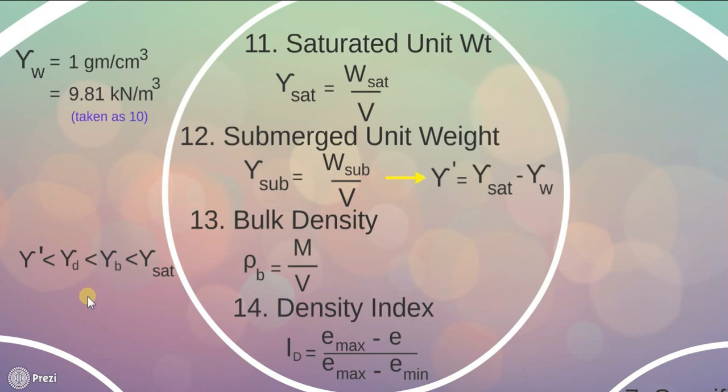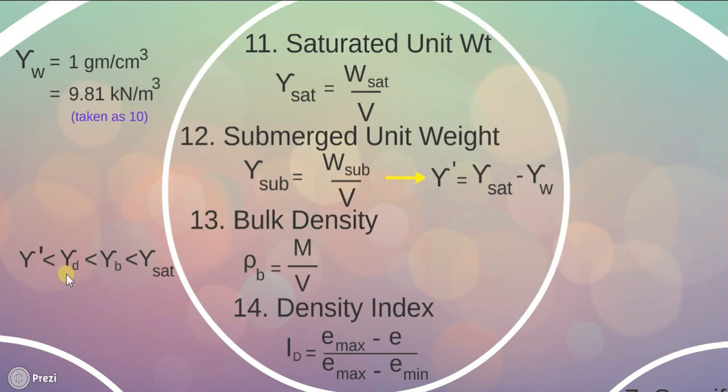Now let us see how unit weights are proportional to each other, or how in decreasing or increasing order they are. Here we should remember these 4 things. Gamma dash is always less than gamma dry. Gamma dash is what? It is submerged unit weight.